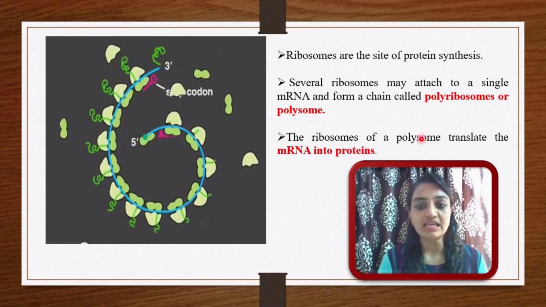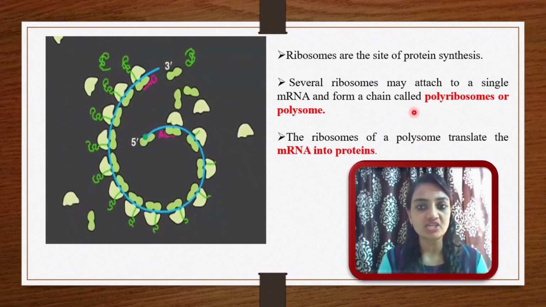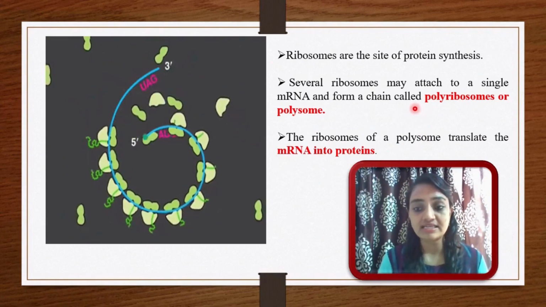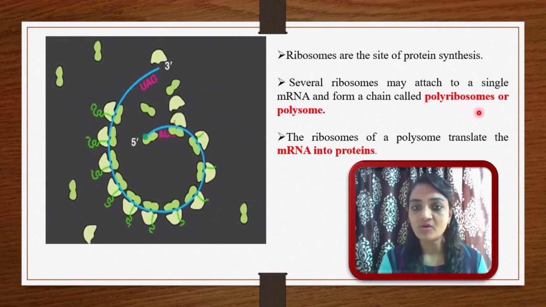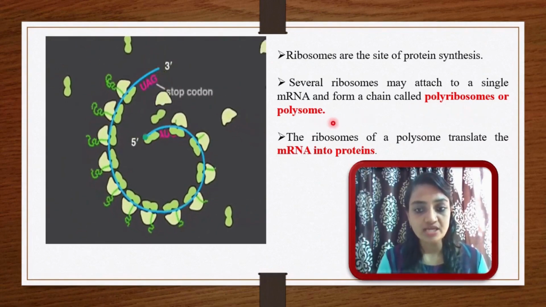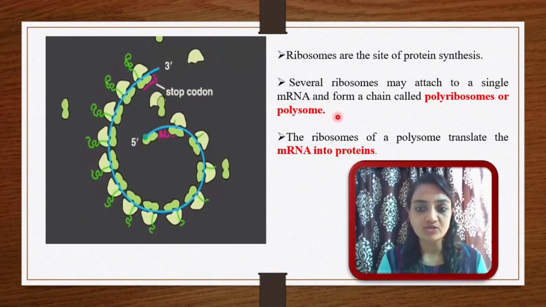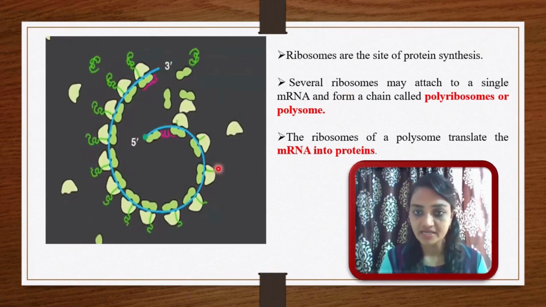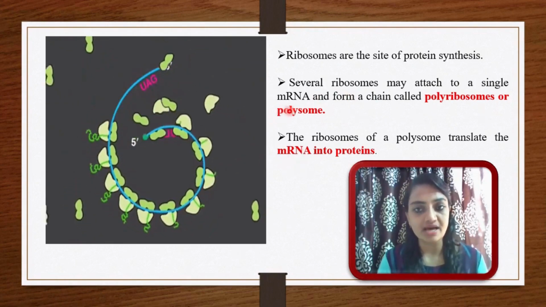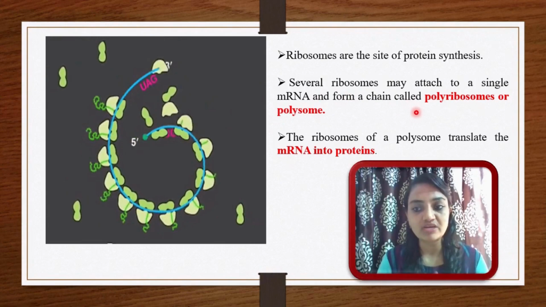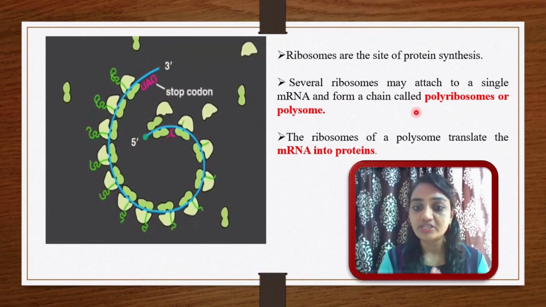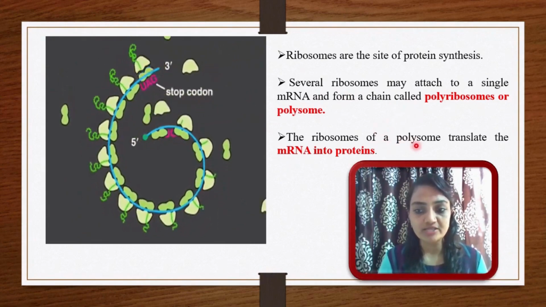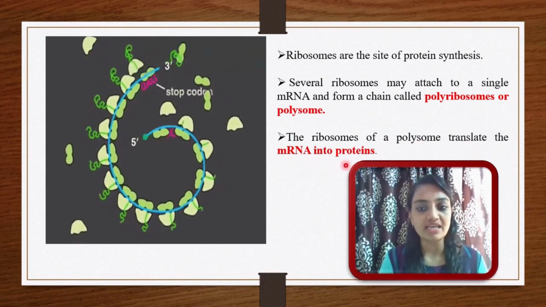If so many ribosomes attach on a single mRNA, it is considered a polyribosome or polysome. So what is the definition of a polysome? Several ribosomes bound on a single mRNA form a polyribosome or polysome. The ribosomes of a polysome translate the mRNA into protein.